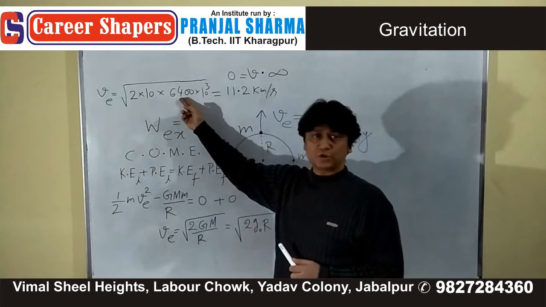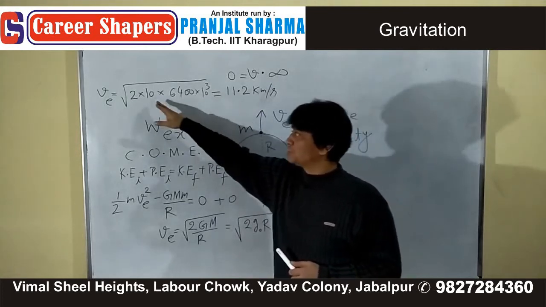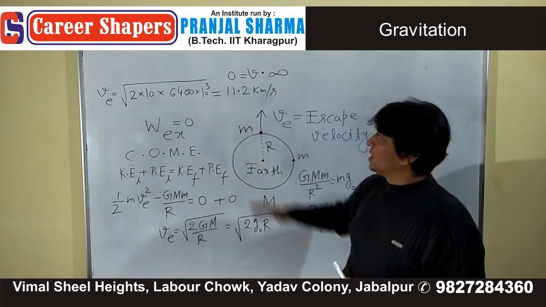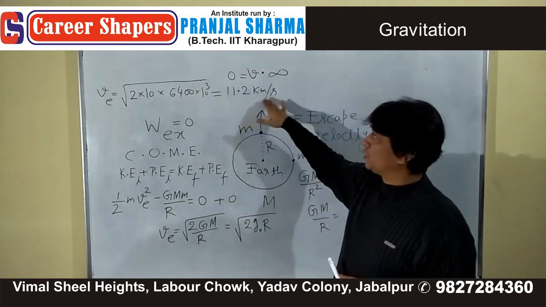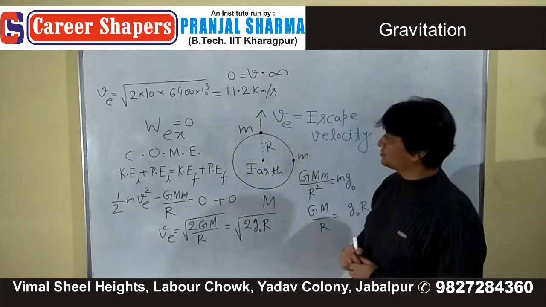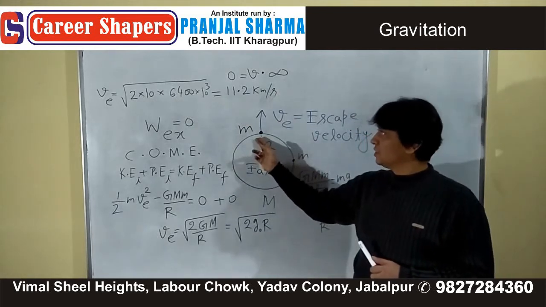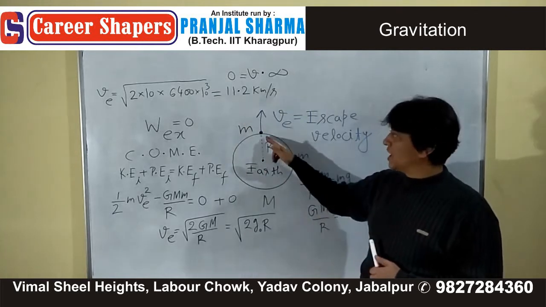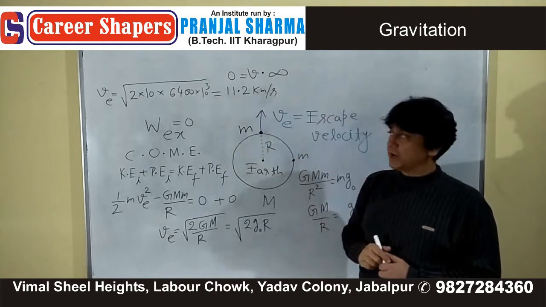This is 6,400 kilometers converted in meters, and that's your g in meters per second square. So if you throw something from the surface of Earth with the speed of 11.2 kilometers per second, it will never come back. It will reach infinity.